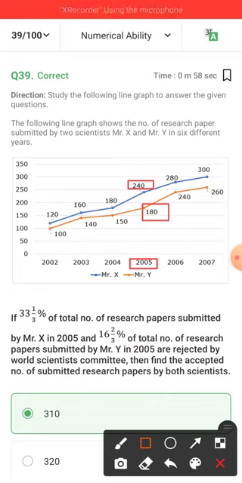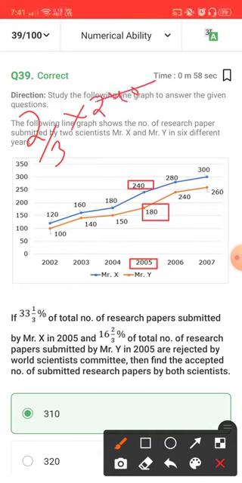Then find the accepted number of research papers by both scientists. So 33 is rejected, so remaining is 2 by 3 of 240. 2 by 3 of 240, divided we get 80, 80 into 2, 160.